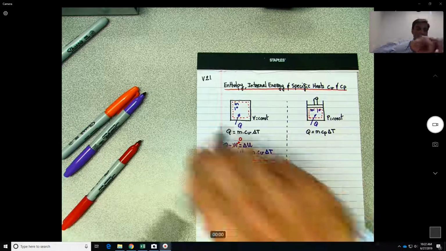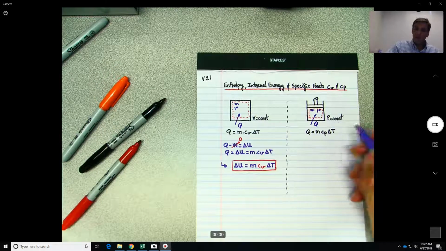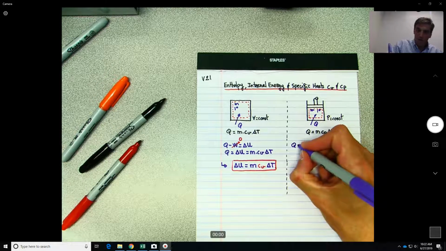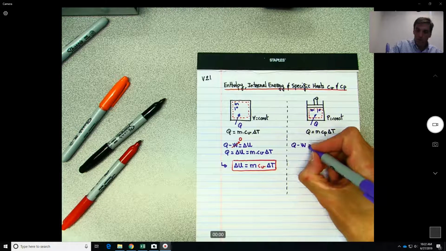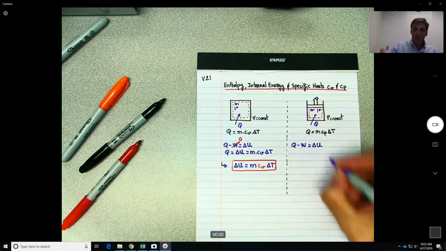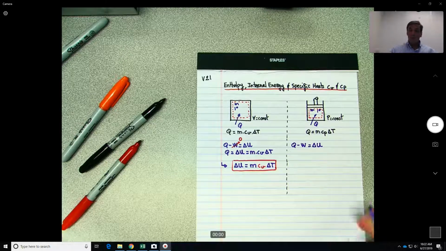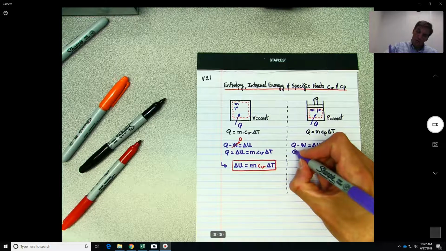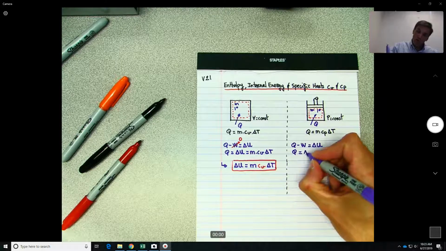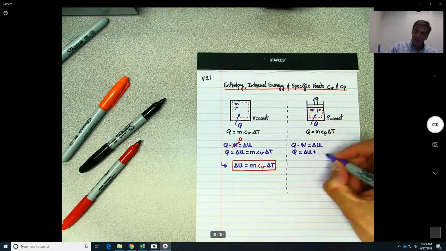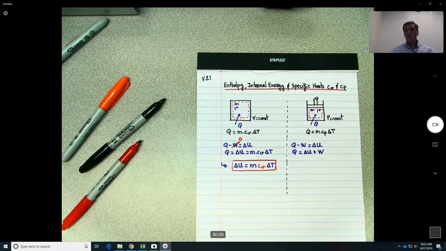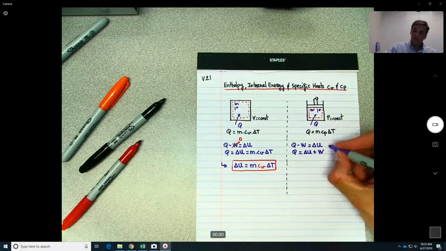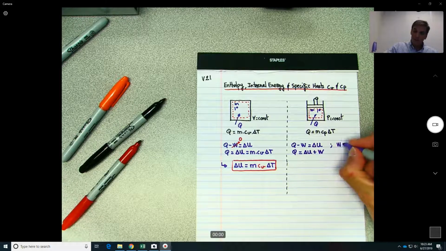So now if we do something similar for the constant pressure, what do we have? Q minus W equals delta U. But in this case, what do we have? Q will be equal to the change in internal energy plus work. Okay? And what is the definition of work using this sign convention?